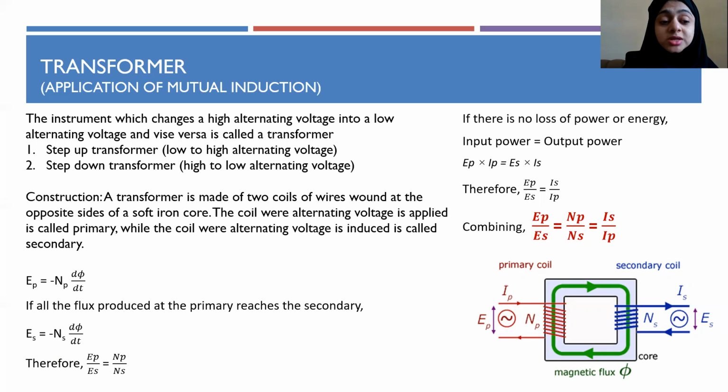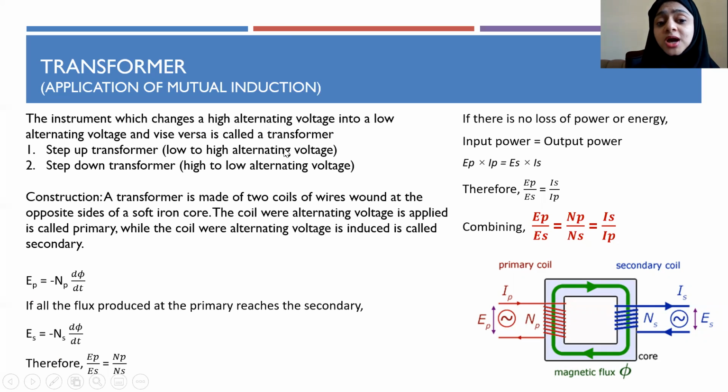So, accordingly, transformers are of two types. One is step-up transformer. What will a step-up transformer do? It will change a low alternating voltage to a high alternating voltage. See, I'm telling here alternating voltage instead of just voltage.